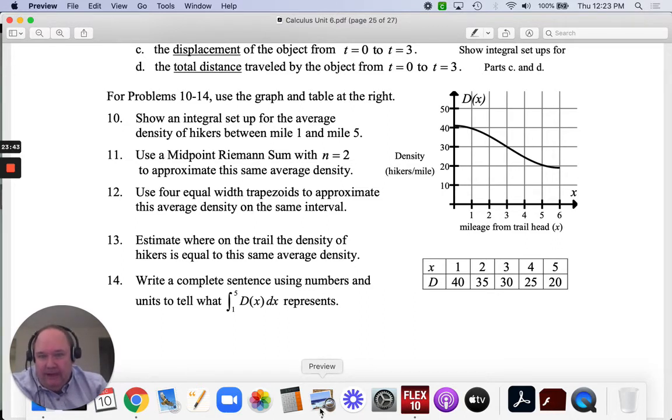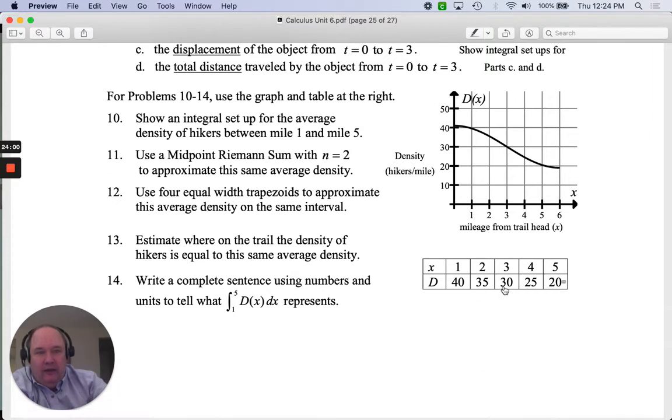For number 13, estimate where on the trail the density of the hikers is equal to the same average density. So when I look at that, let me make sure I'm doing that. Where would that be? So we do have to simplify then to understand the number was 30. So if I look at 30, at which one did it equal? 30, the answer is at 3 miles out.